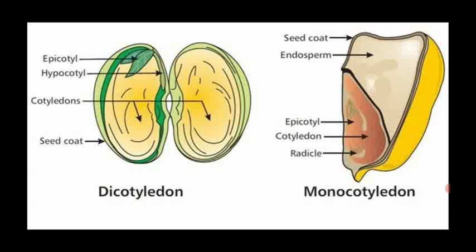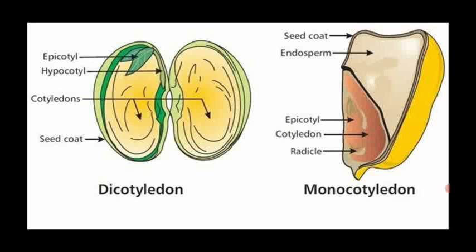In monocot, the radicle is covered by a sheathy structure called coleorhiza and the plumule is covered by the coleoptile. So this is the variation shown between the dicot seed and monocot seed, and also what all the diagrams given in the book have been explained.